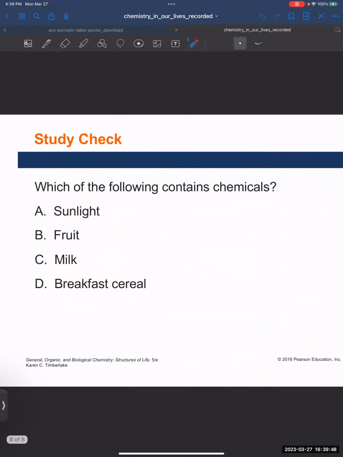But for right now, I'd love for us to do a study check. So take a moment. Which of the following, and it can be more than one, contains chemicals? And I'd love for you, anytime we do study checks together, to pause the video, to try to do it on your own, and then you can come check your work with me.